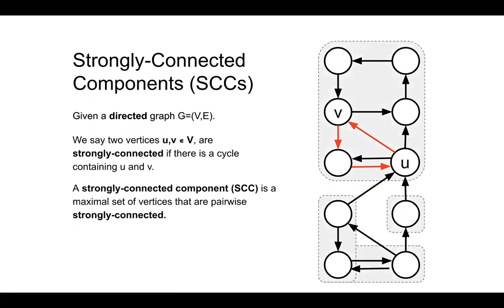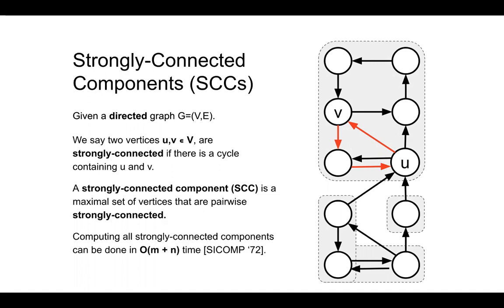Essentially, one way to get the SCCs is to just find cycles and contract them, and then all the vertices that you contracted into one component are strongly connected and form an SCC. And this is a unique partition. This problem is well understood in the static setting. Tarjan gave an algorithm that runs in linear time in the early 70s.